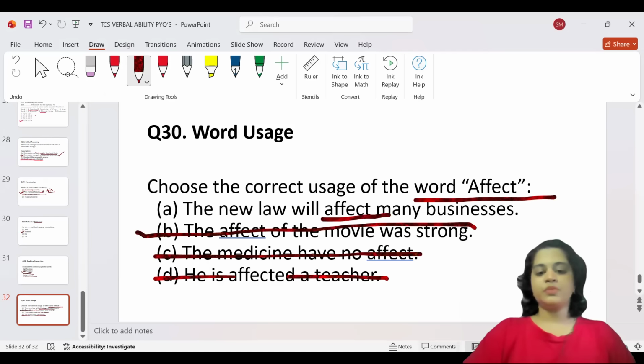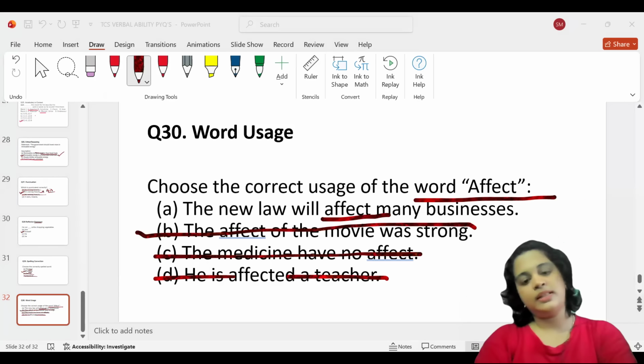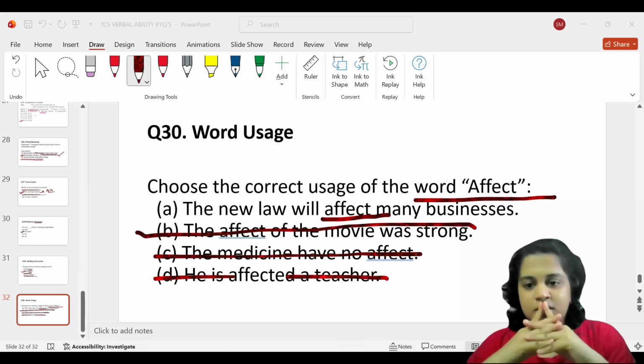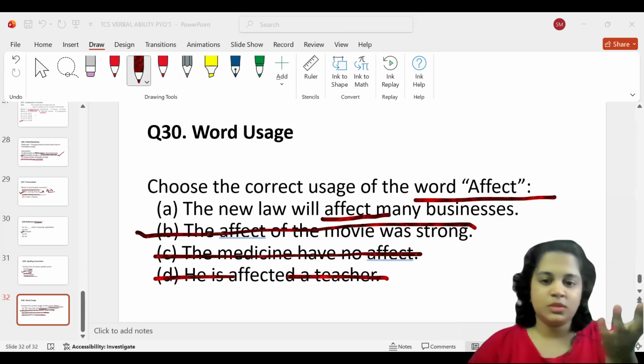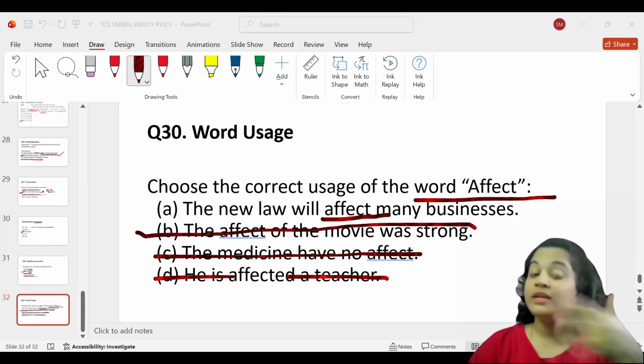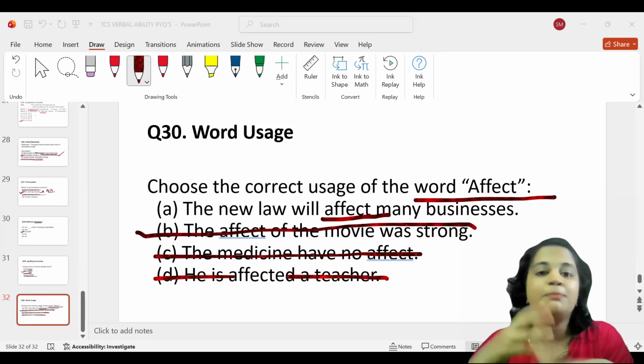Affect is basically like, I think I can come up with an example. See, because it's one of the most confusing words. Affect as a verb means to influence. Yes, I think that's the word. Influence or have an impact on something.